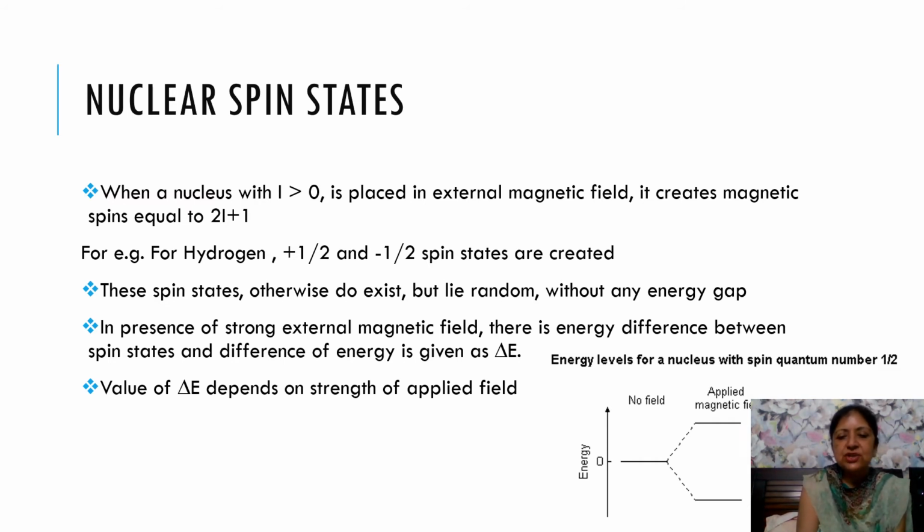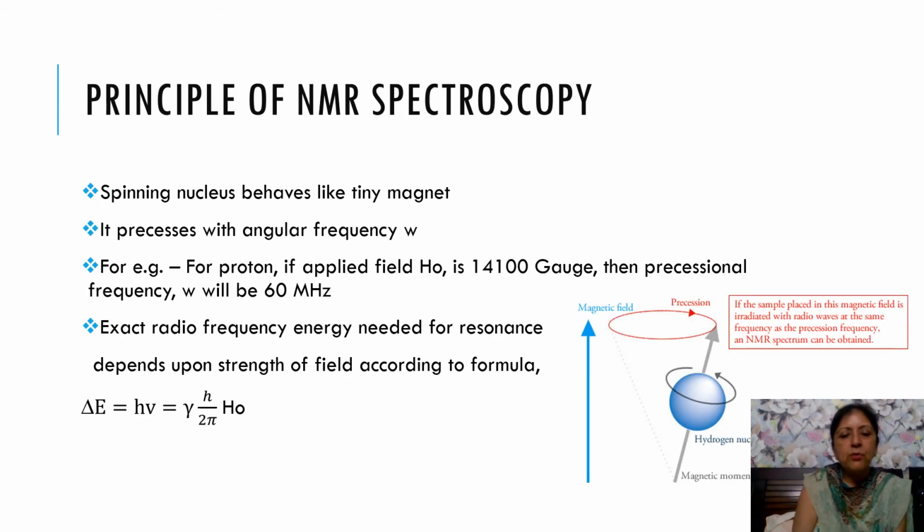That precessional frequency is dependent on the external magnetic field, and delta E is related to the external magnetic field by the formula you can see in this slide: delta E is equal to h nu, that is clear, and again that is equal to gamma h naught upon 2 pi.